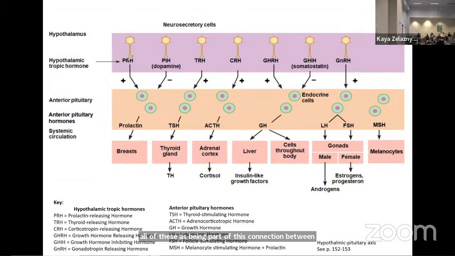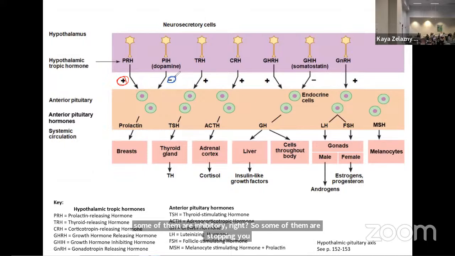In purple up top here, we have our hypothalamic hormones. Those are tropic hormones that are all affecting the release of some anterior pituitary hormone. We can see that some of these effects are excitatory, increasing the release of a hormone, and some of them are inhibitory, stopping you from releasing that hormone.